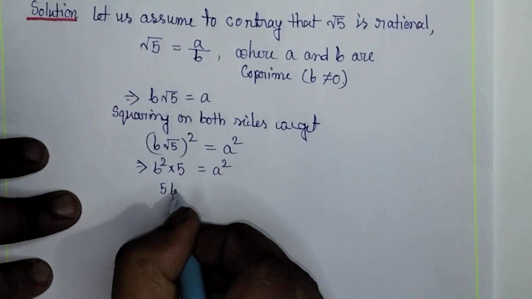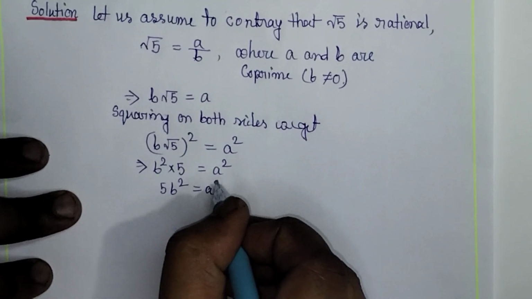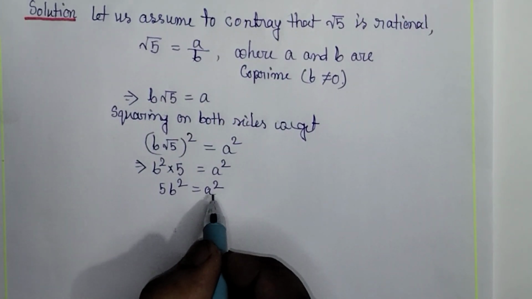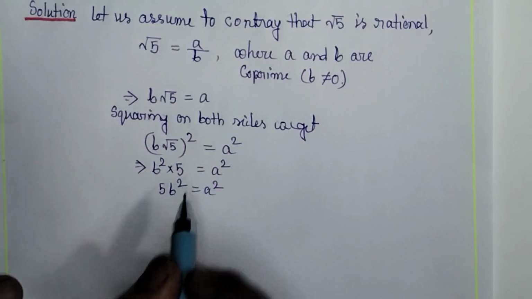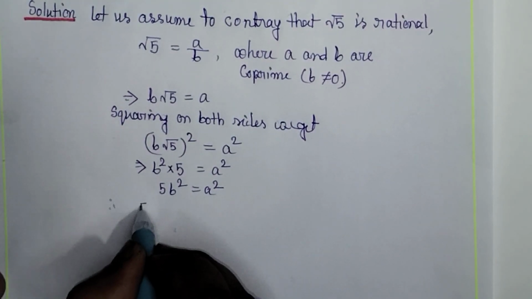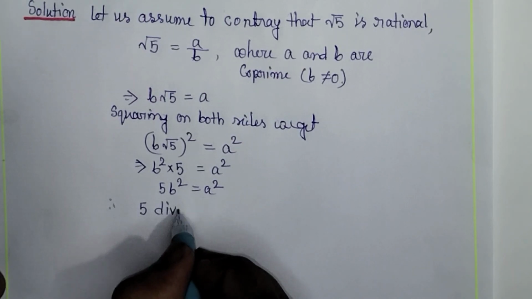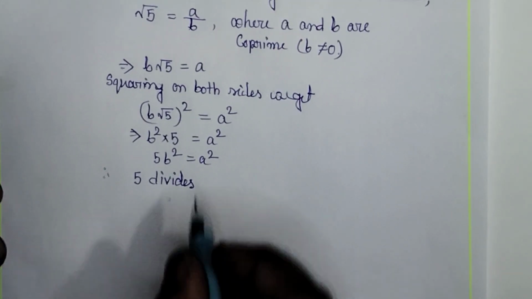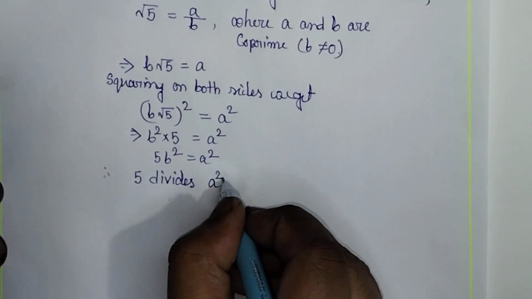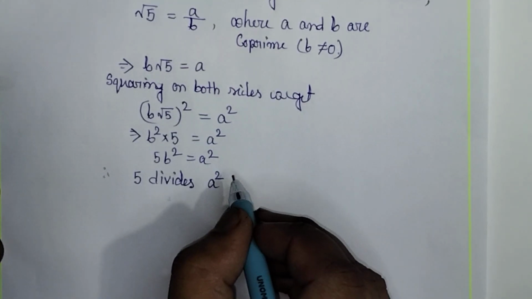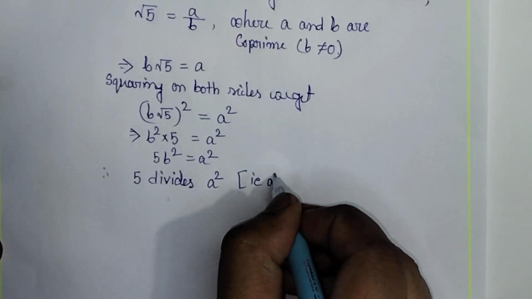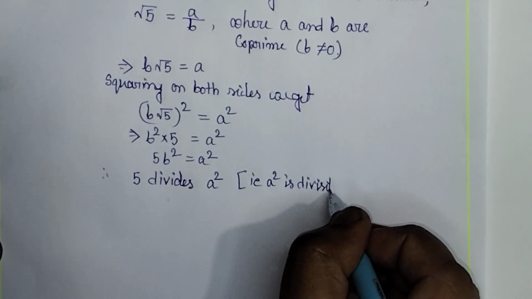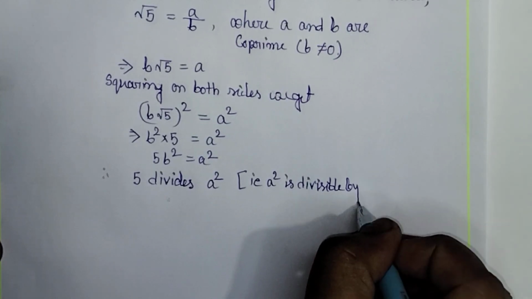So 5B square equals A square, so A square equals 5B square. So 5 is a factor of A square. That means A square is divisible by 5.